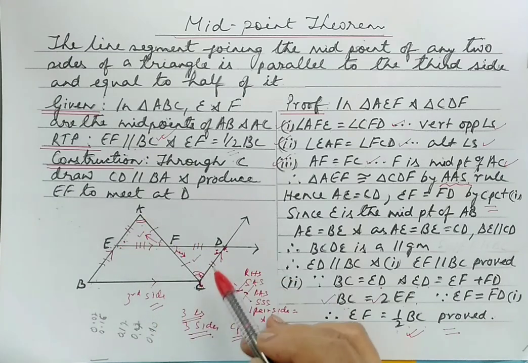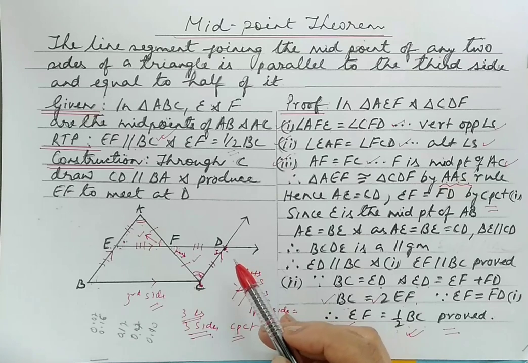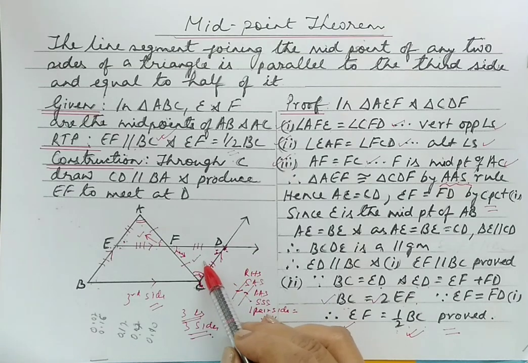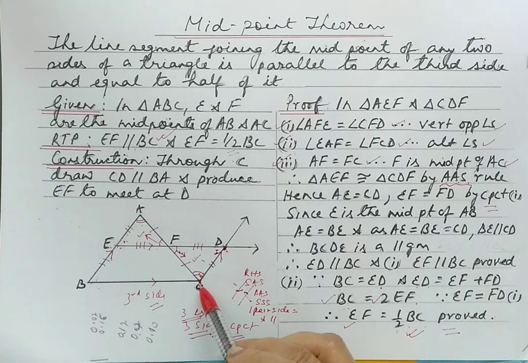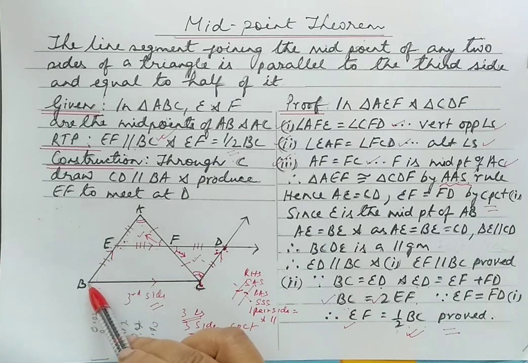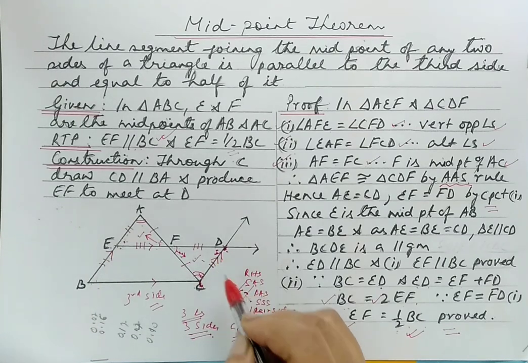And AE now is equal to CD, which we have proved by CPCT. So CD becomes indirectly equal to BE. And we already know that this is parallel to this.